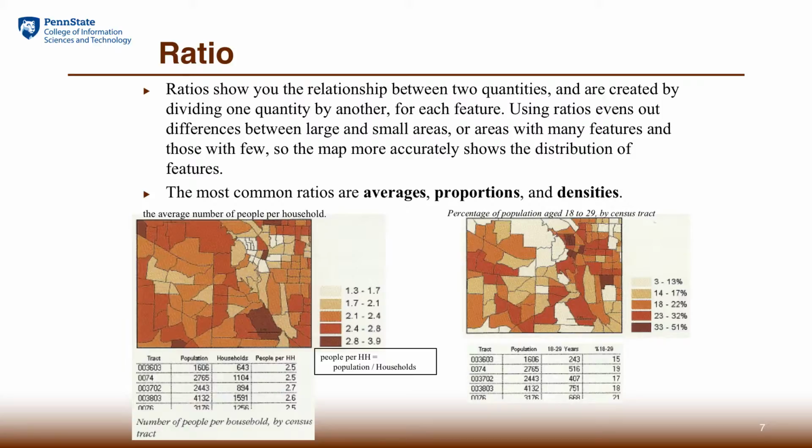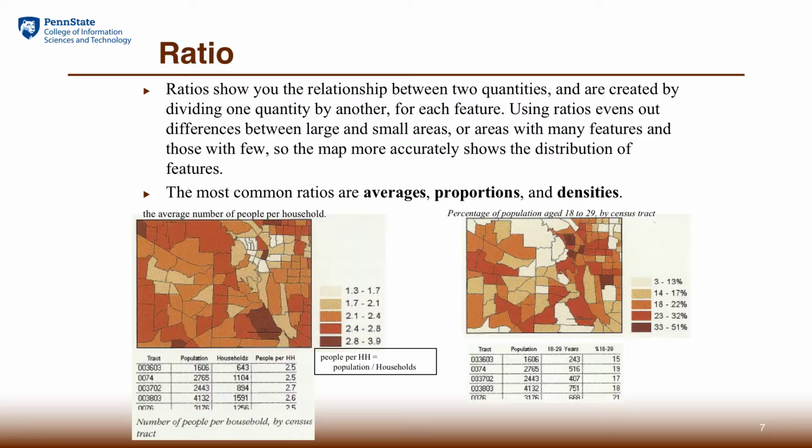So if we divide the population count by that, we're going to get a number called people per household. By mapping that number, we will be able to compare different areas by this ratio, which may reflect very different patterns.